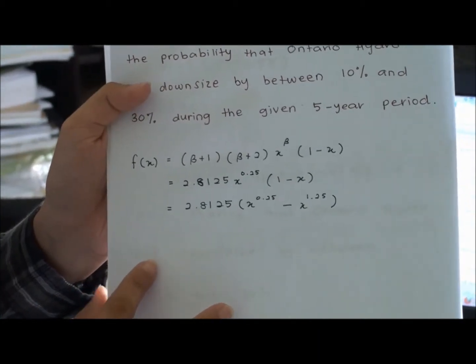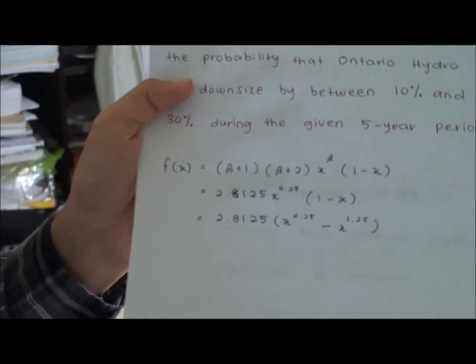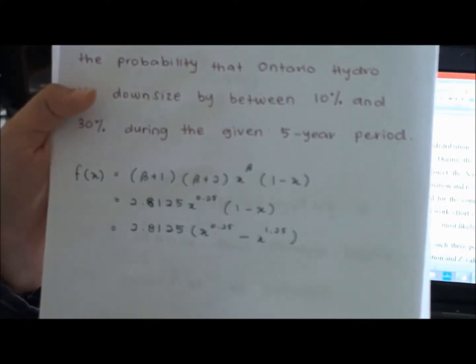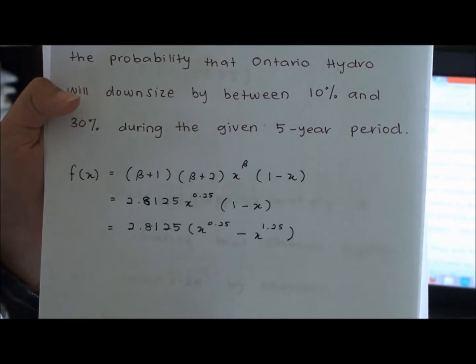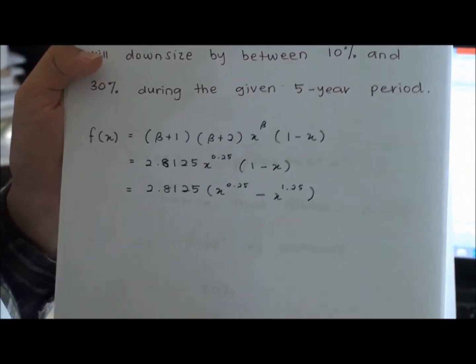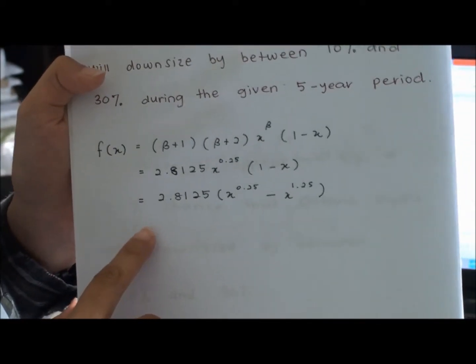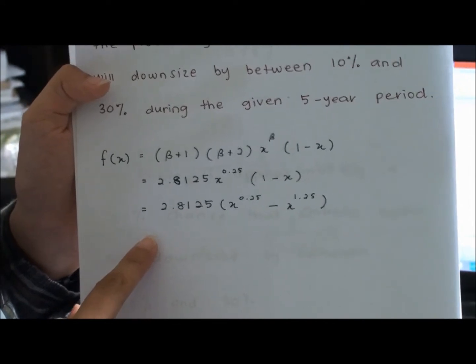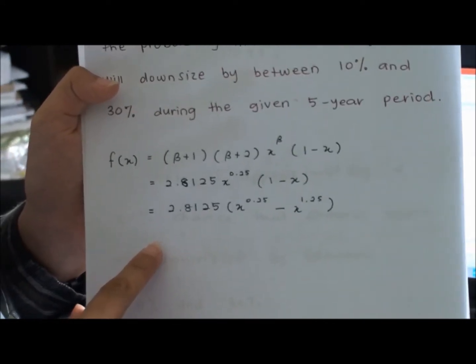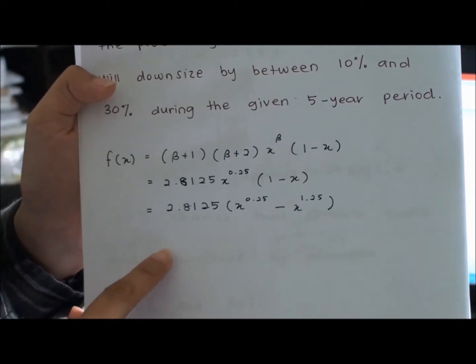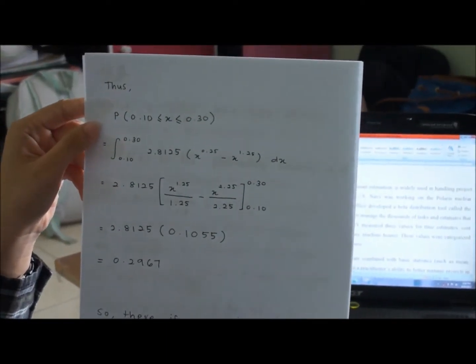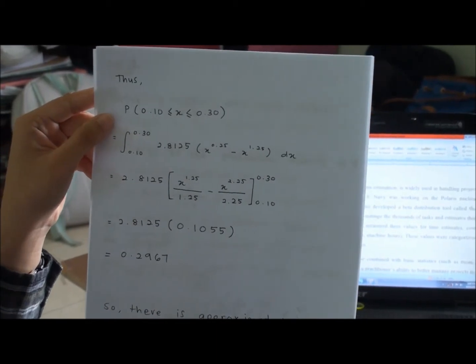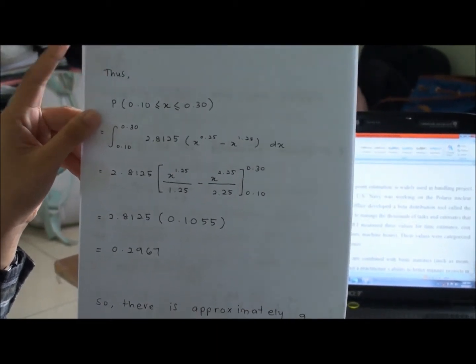First, f(x) equals (beta plus 1) times (beta plus 2) times x to the power of beta times (1 minus x). That will be 2.8125 times x to the power of 0.25 times (1 minus x). Thus we must find the probability x between 0.1 and 0.3.